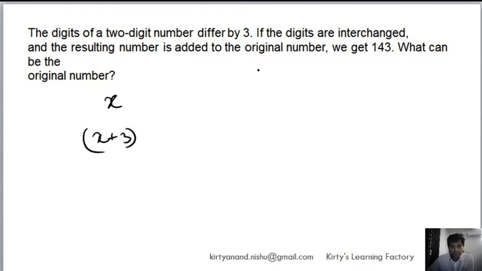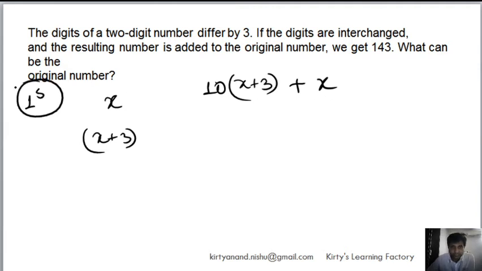Okay. If the digits were interchanged and the resulting number is added to the original number, we will get 143. Okay, so now let's assume that the first number is x plus 3, plus x. Yeah, let's say this digit is in the tens place and this x is in the ones place, right?